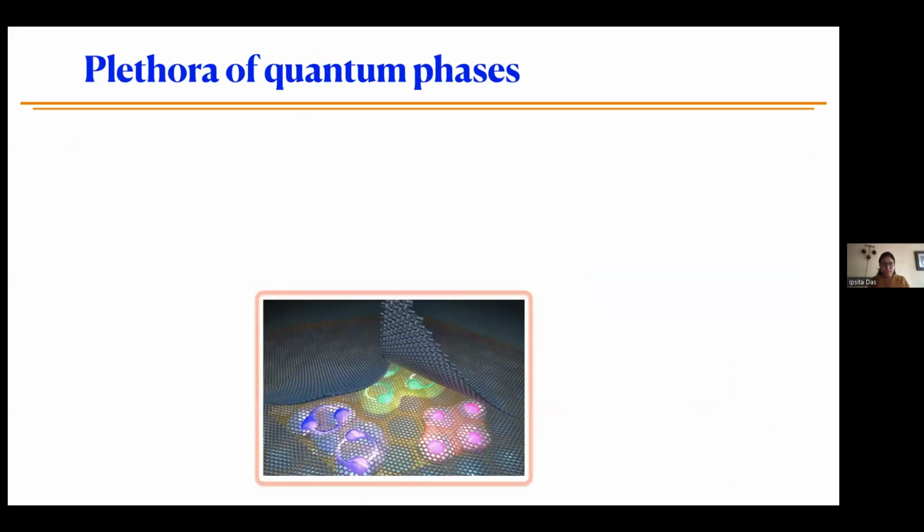Okay, so the theory is that if you rotate two layers of graphene by a very specific angle, you will have a flat band close to 1.1 degrees, which we call the first magic angle, or 0.5 degrees, which we call the second magic angle in the series.